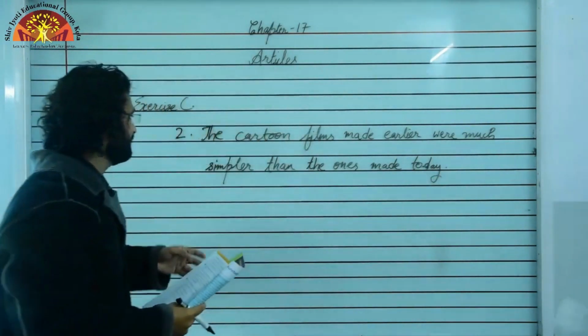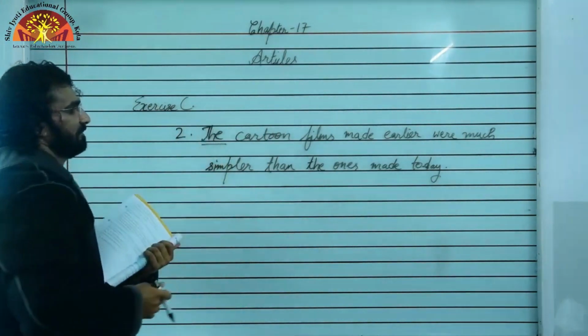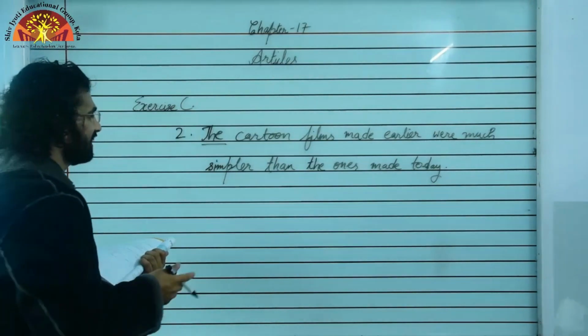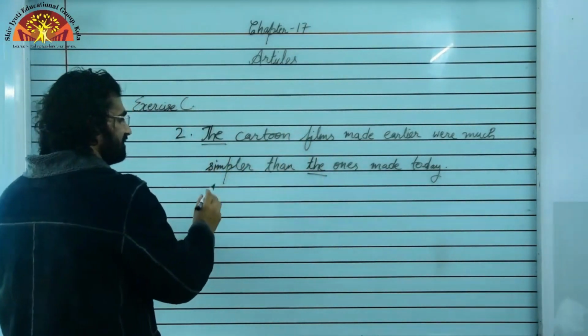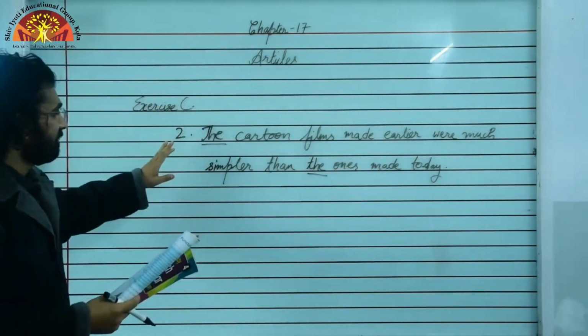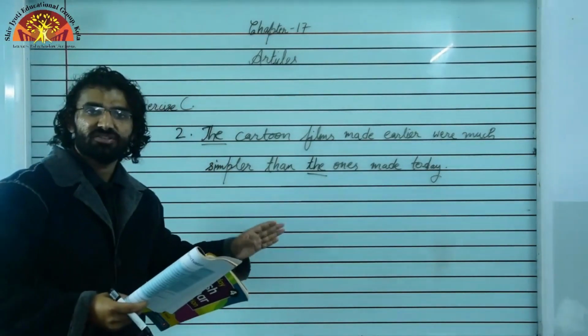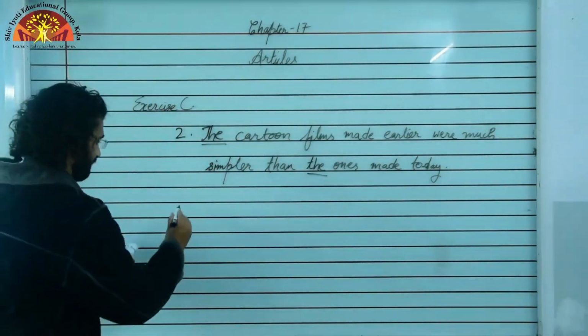Please pay attention. Yes, here we have an article, the cartoon films. And where else do we have it? We have it here. The cartoon films made earlier were much simpler than the ones made today. So both the times it has been used correctly. So we are not going to circle it. We will see the third one.